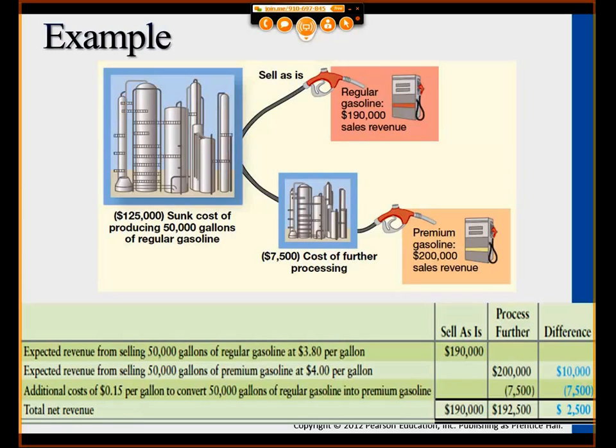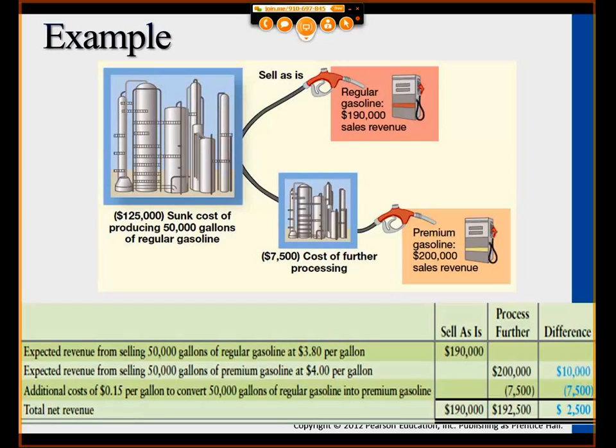Okay, that's 50,000 gallons at $4 per gallon. So we're going to get $200,000 of revenue. If we sell it at $3.80 per gallon, that would be 190,000, right? 50,000 multiplied by 3.8, we get 190,000 of expected revenue.